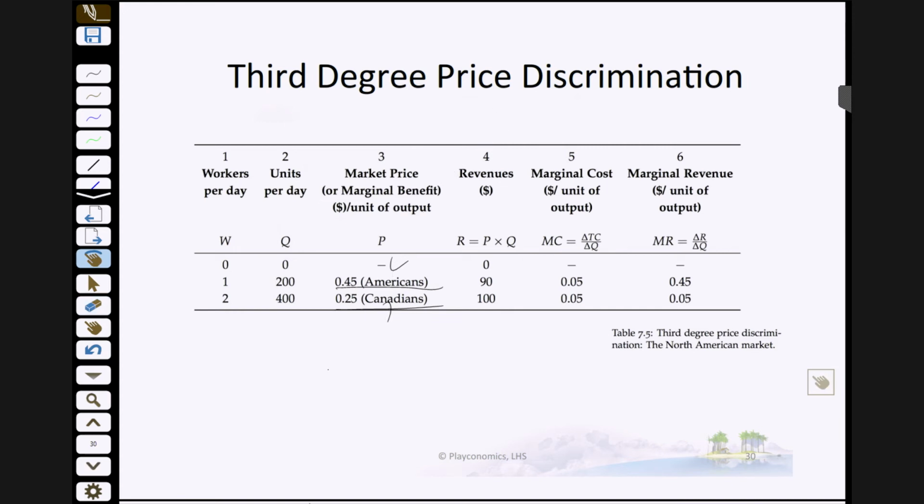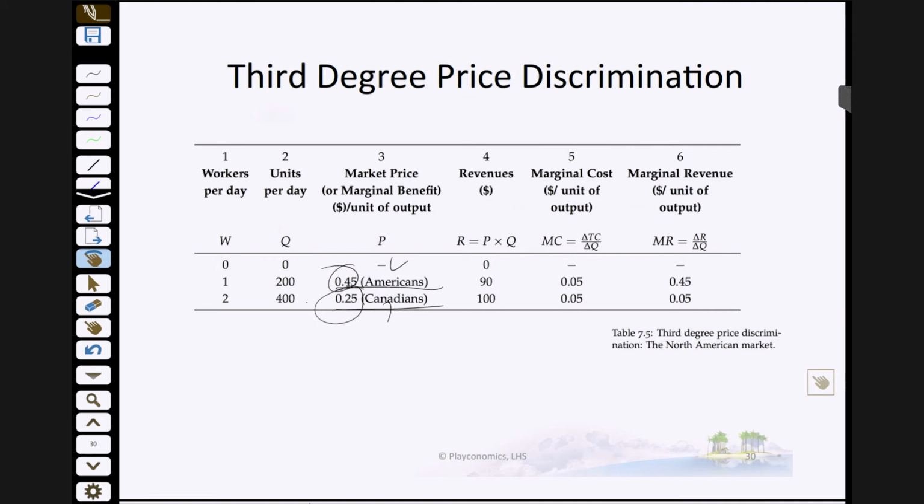The same thinking applies to the North American market. We have the Americans, who are willing to pay 0.45, and the Canadians, 0.25. If I set a price of 0.45, only the Americans would purchase the product. But if I set the price at 0.25, I could grab both American and Canadian consumers.